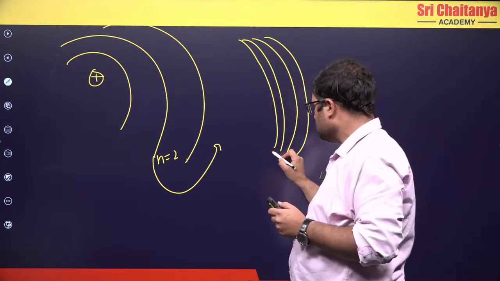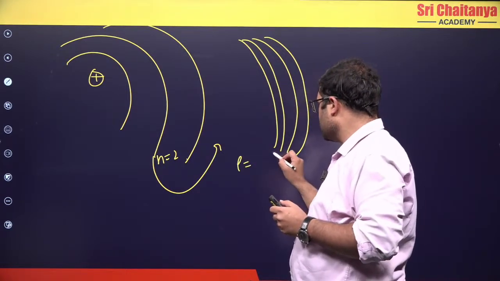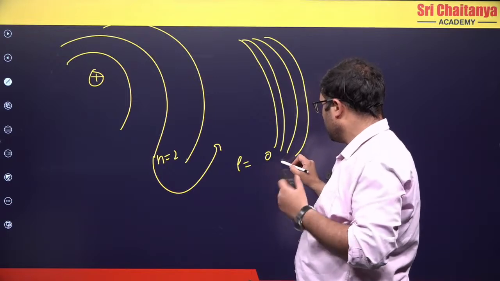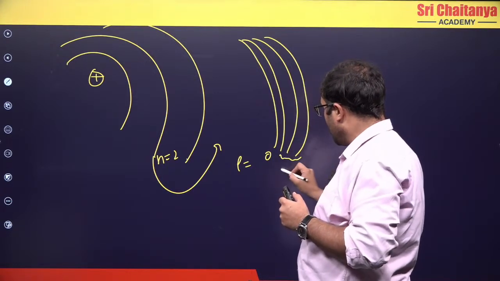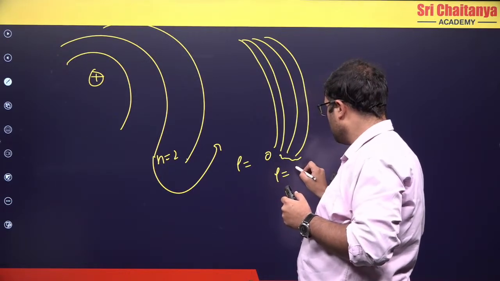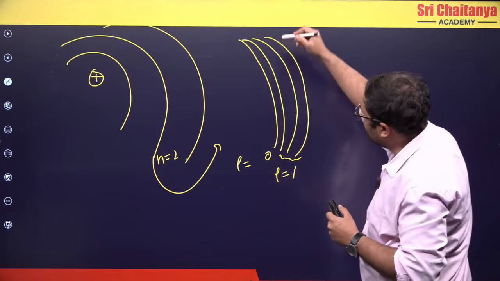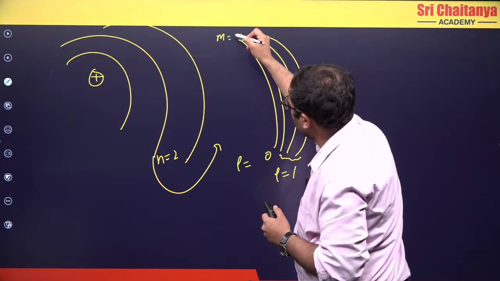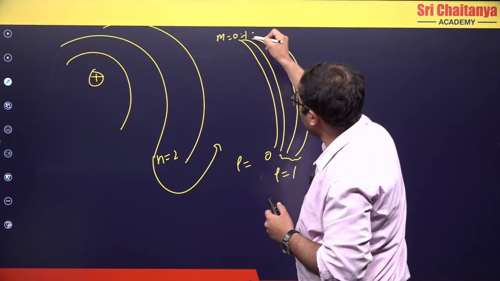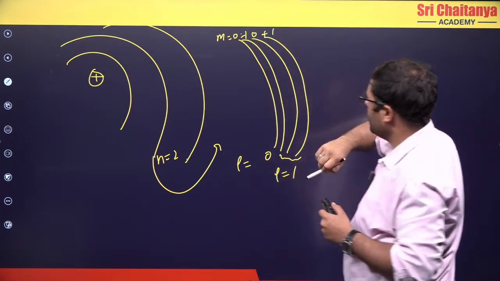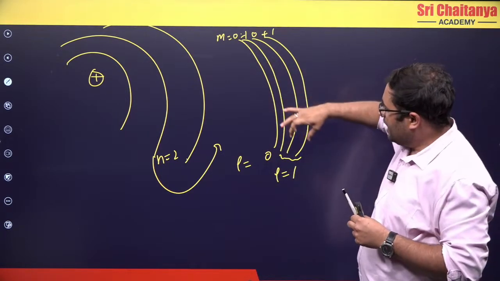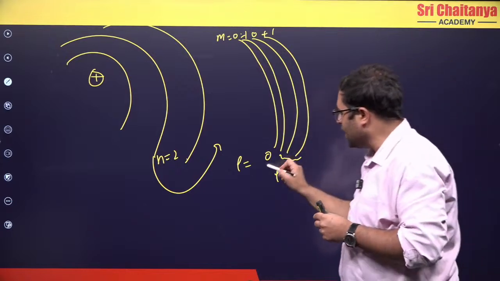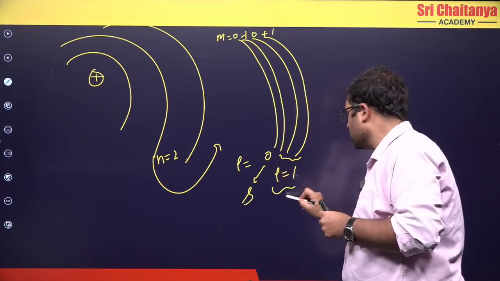Of L value 0, and these are L value 1. But in this, each of them, the M value will be, suppose, this is your M value, 0, minus 1, 0, plus 1, right?